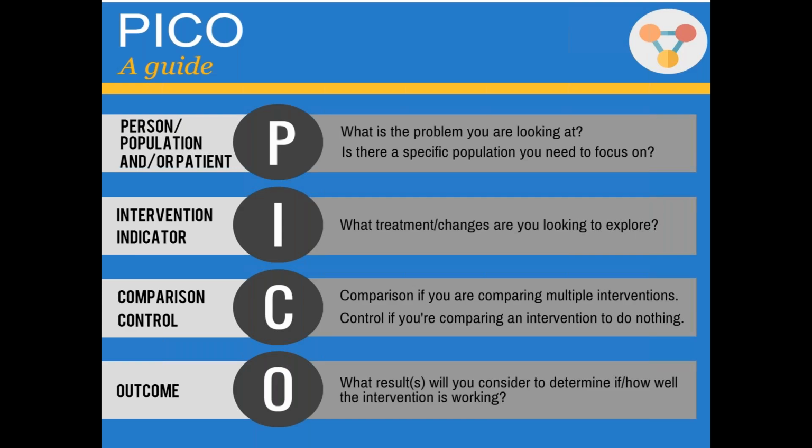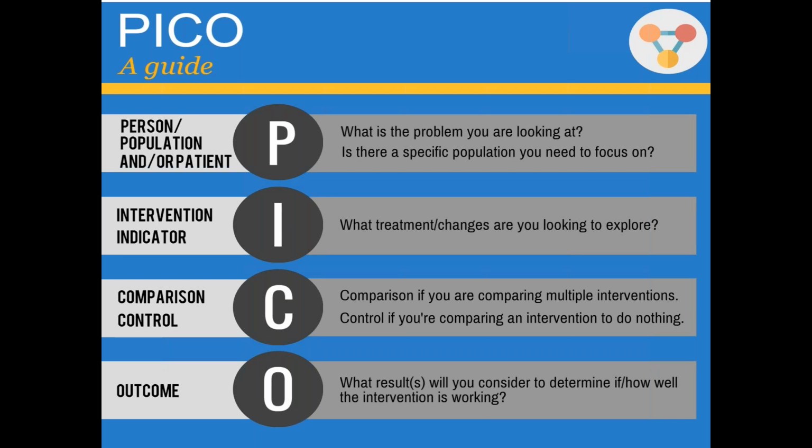So under PICO, under P, which refers to person, population, or patient, you're asking what is the problem that you're looking at. And in this case, we're talking about behaviors that can be improved through communicating with clients. And what is the specific population?